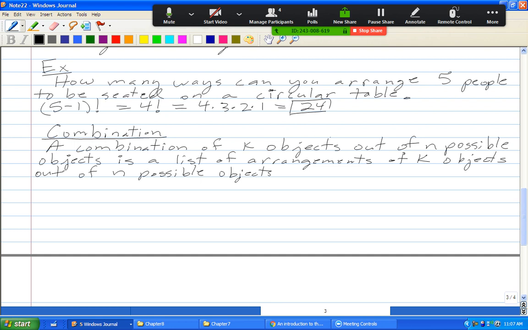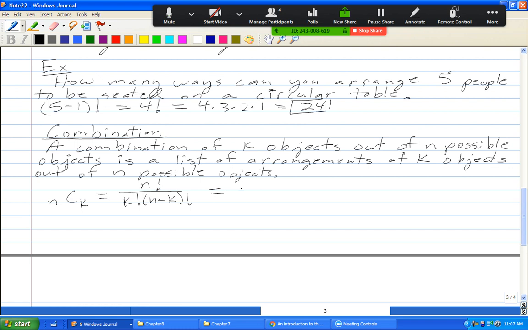The number of these, denoted by nCr, or well, I wrote a k here, nCk, is just n factorial over k factorial times (n minus k) factorial.